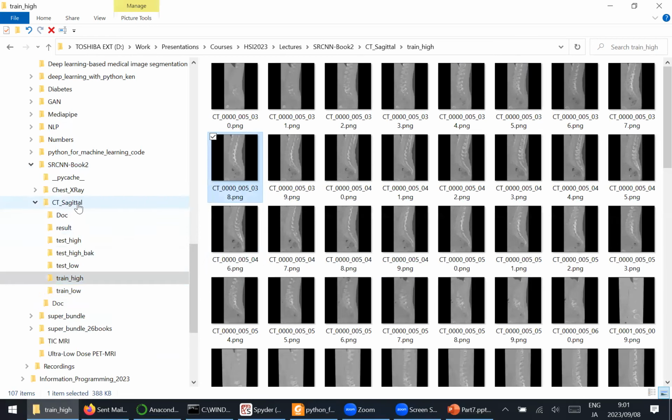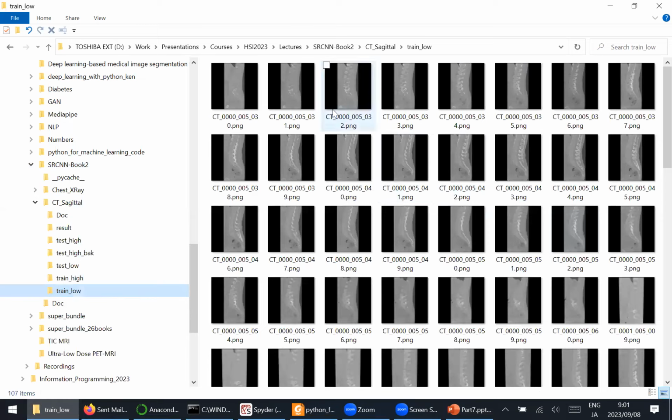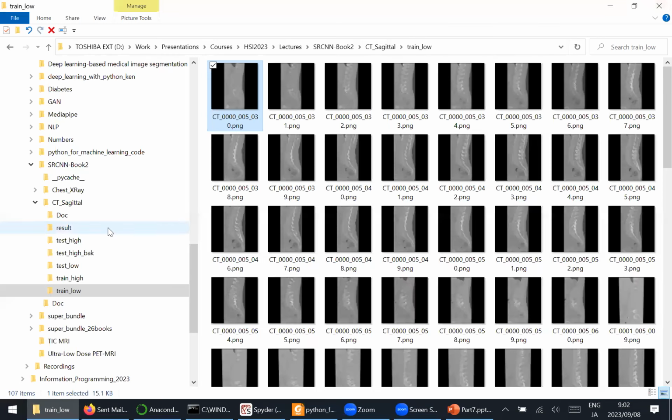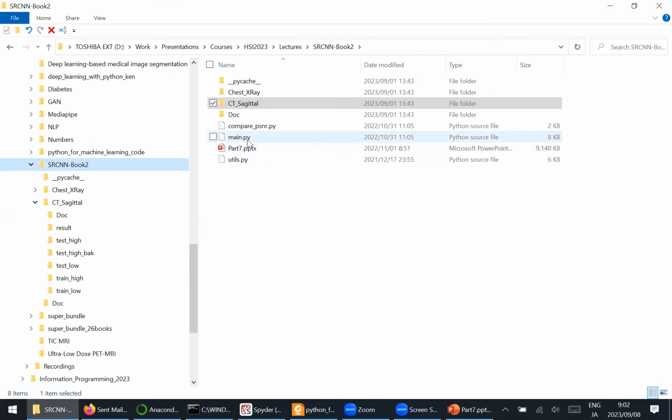And I have a script to generate the low resolution ones. These are 256. Feel free to look at the main py and utilities, and the PSNR code is here.